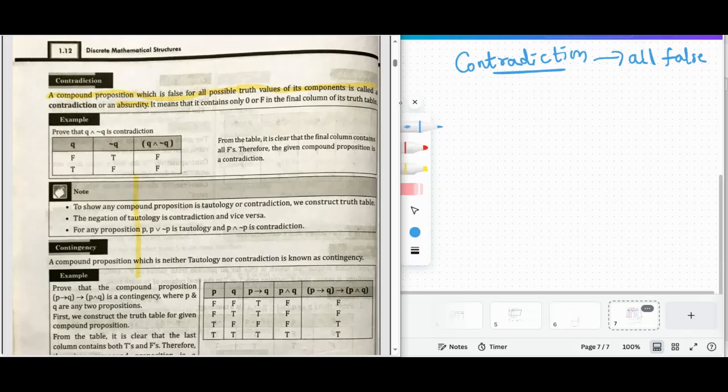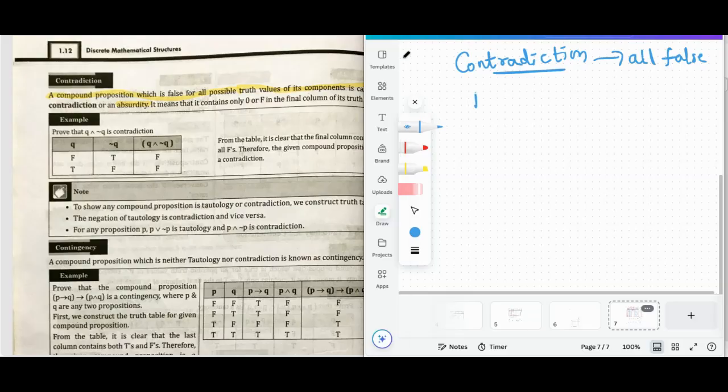Here is the example: prove that P and negation Q is a contradiction. To prove it is a contradiction, we need to prove the given answer will be false.